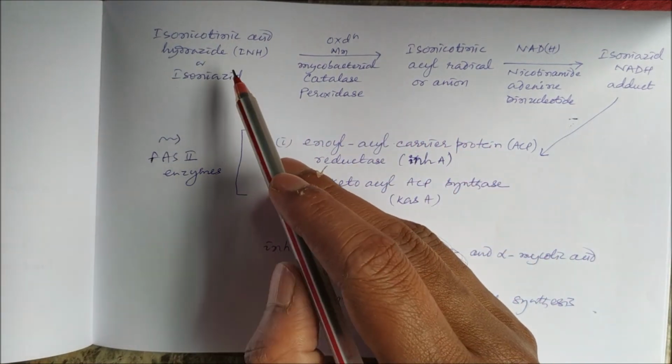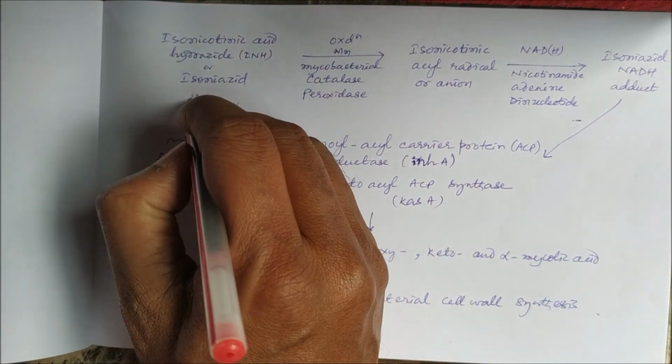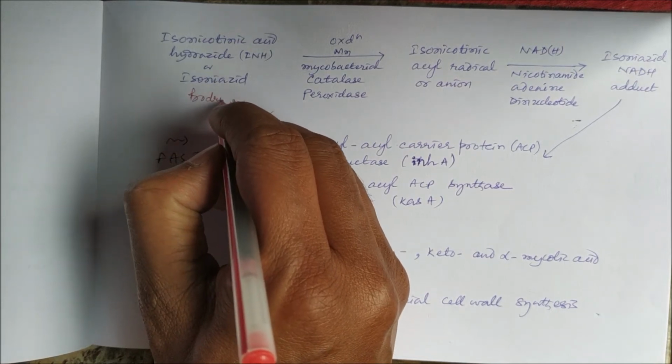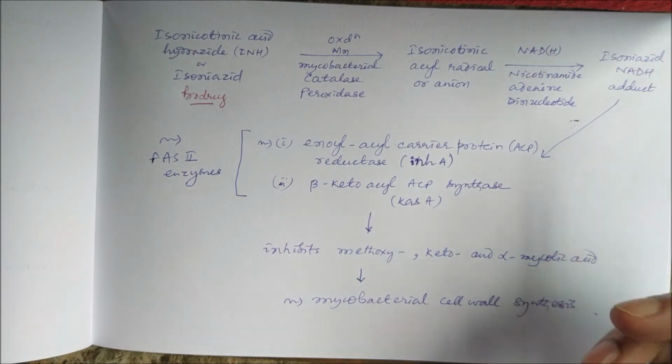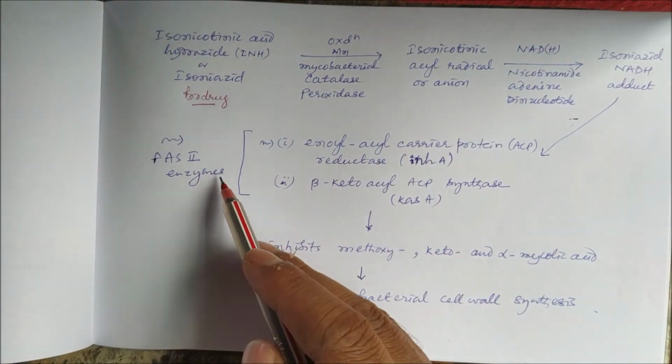Isoniazid is actually a prodrug. It is metabolized to its active form, and then that active form inhibits FAS2 enzymes.